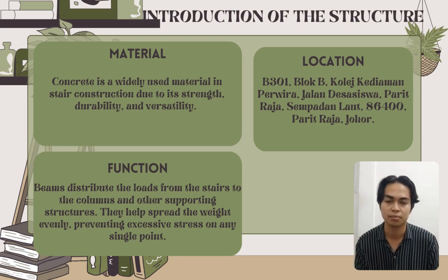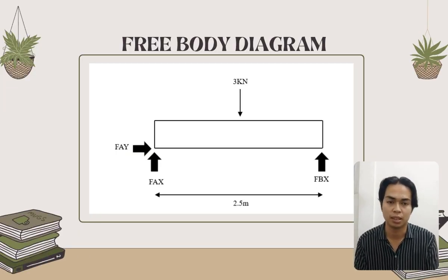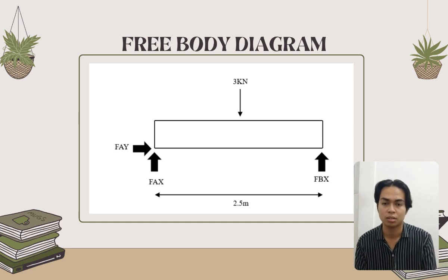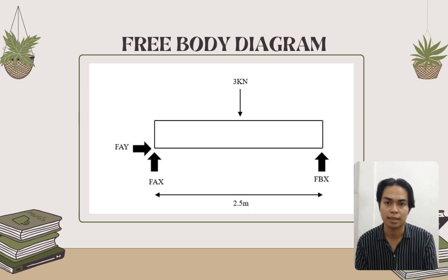Alright, this is my free body diagram, where, as you can see, there are reactions from A and B, and also there is a load, which is 3 kilonewton.